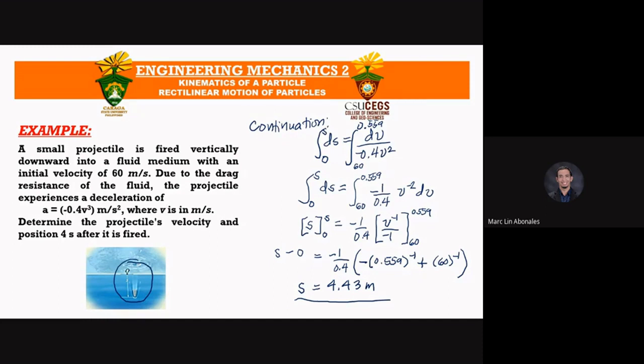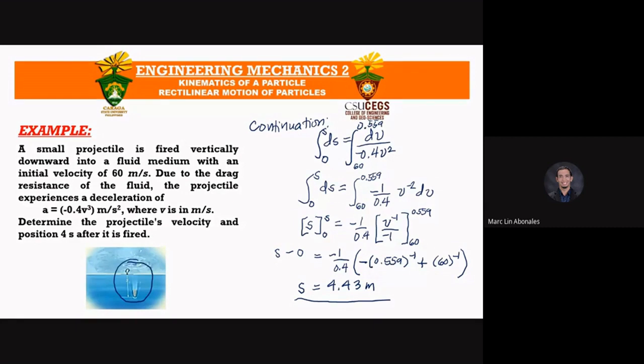Okay? And I have a question. Did you notice that its initial velocity is 60 meters per second, but at the final, when the time is 4 seconds, it is 0.559 meters per second? Why did it become smaller? What does that mean? Did it slow down or speed up? It decelerates. Right? If you notice, when you swim in the sea, as you go deeper, does your movement not slow down? So it is actually the same as what happened. That is the meaning of technical judgment.